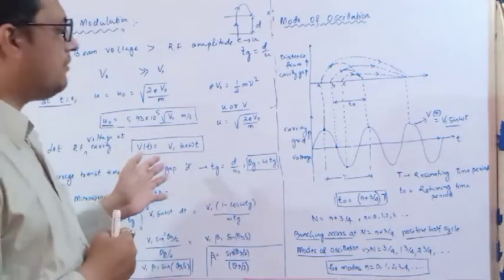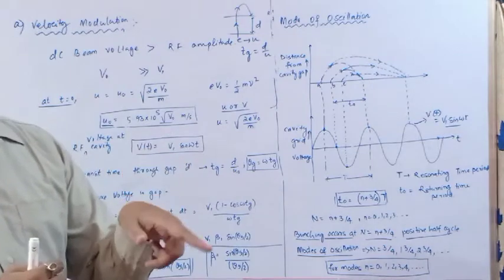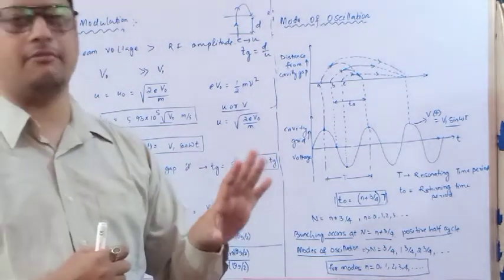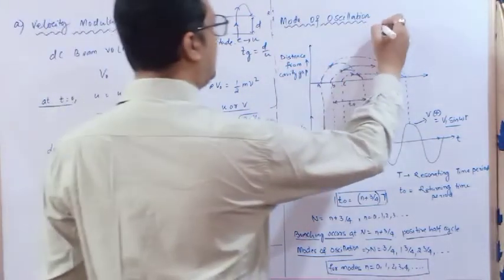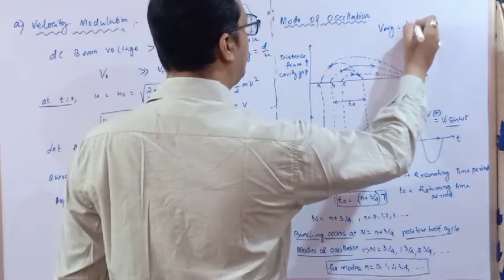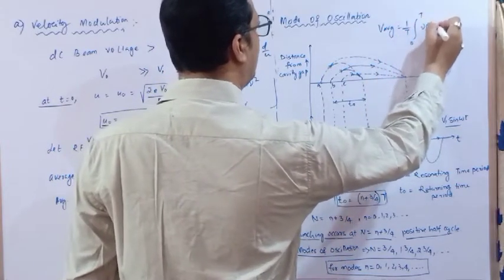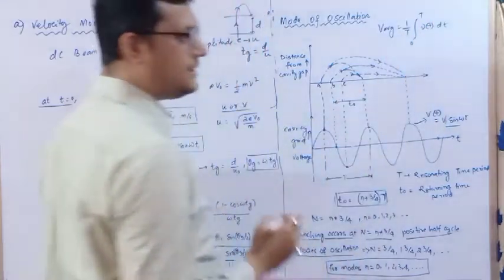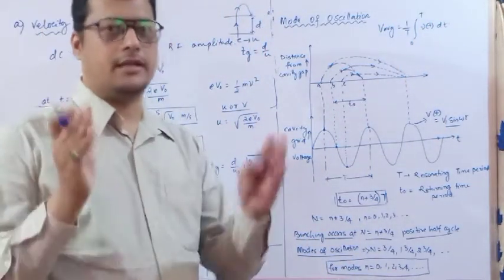So how are we calculating the average? 1 by T, integral 0 to T, V of t into dt. So that is the basic formula for an average calculation. So V average equals 1 by the total time period, integral 0 to T, V of t into dt. So this is the average. Now for whom are we calculating? For the cavity gap.